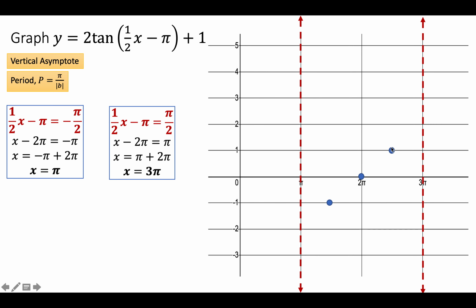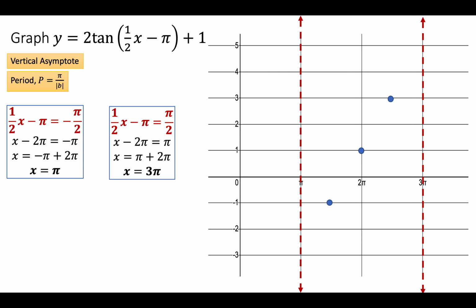Here, your y value is 1, so 1 times 2 is 2, plus 1 is 3. So instead of 1, we translate that to 3. And at 0, we multiply that by 2, that's 0, then plus 1, still 1.